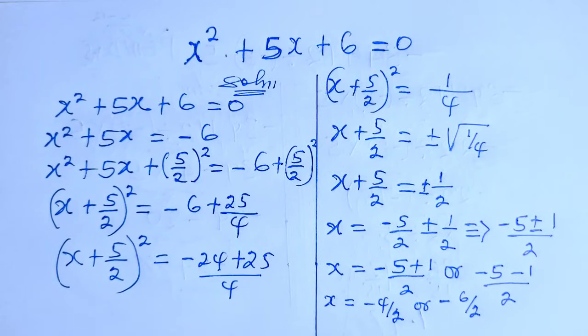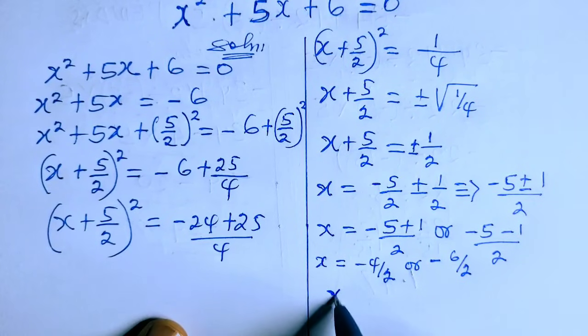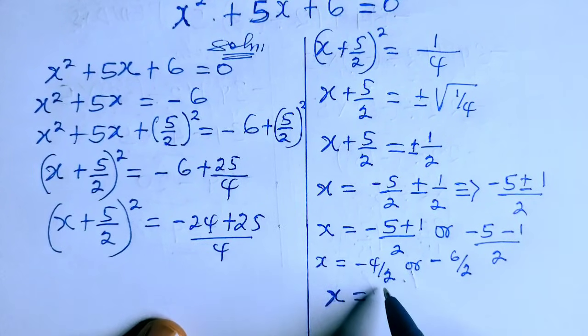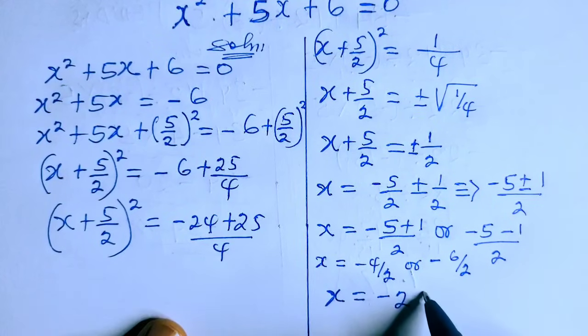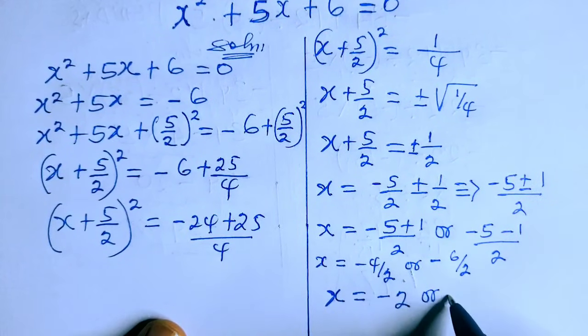Therefore, we simplify this further. We are going to have that x equals minus 4 divided by 2, that will give us minus 2, or x equals minus 6 divided by 2, that will give us minus 3.